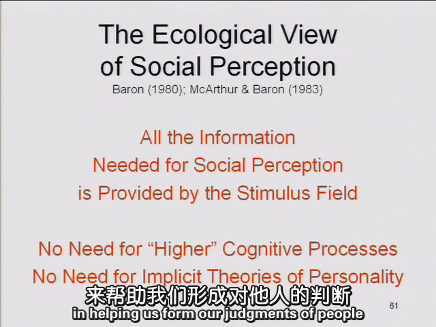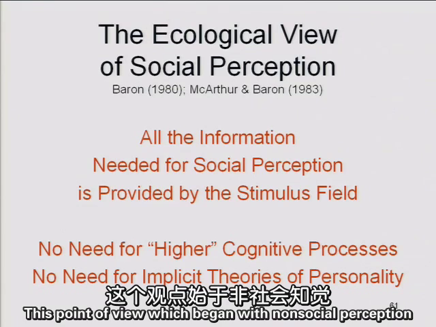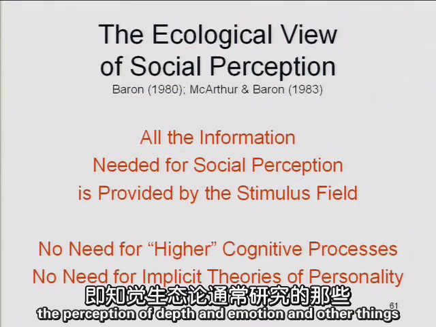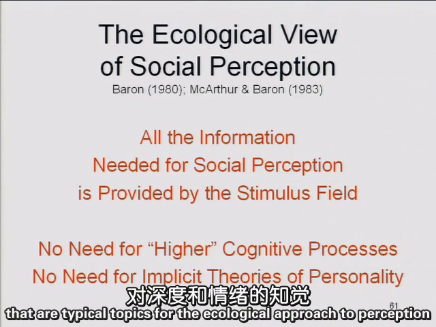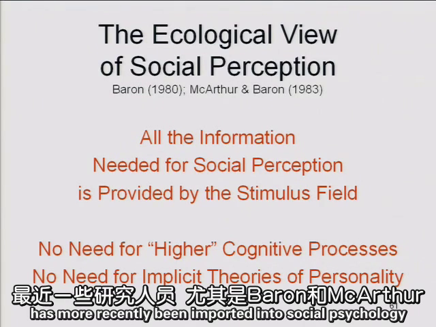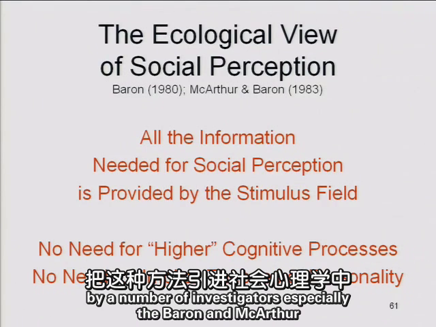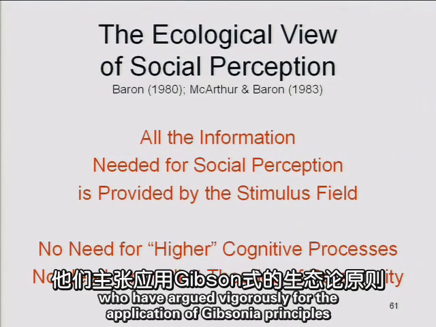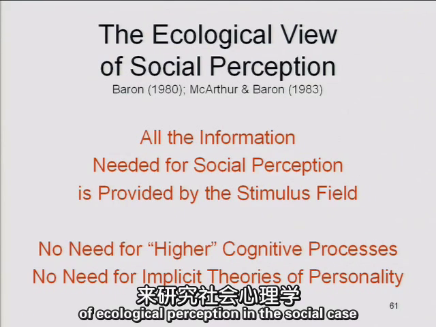our judgments of people. This point of view, which began with non-social perception, the perception of depth and motion and other typical topics for the ecological approach to perception, has more recently been imported into social psychology by a number of investigators, especially Baron and McArthur, who have argued vigorously for the application of Gibsonian principles of ecological perception in the social case.